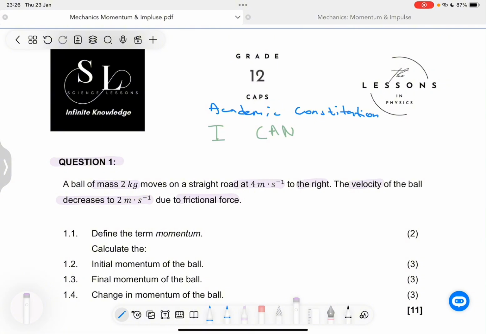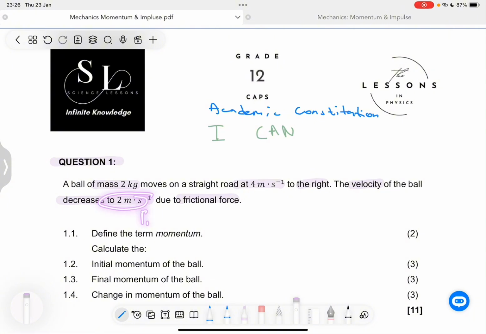So when I look at this problem and read this problem, I think it's a problem that links with momentum and change in momentum. The reason I say that is because I can see that I'm given the mass and I have velocity, which will somehow translate to initial momentum.